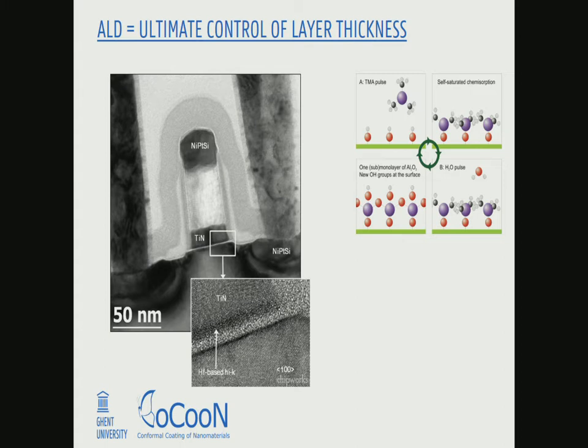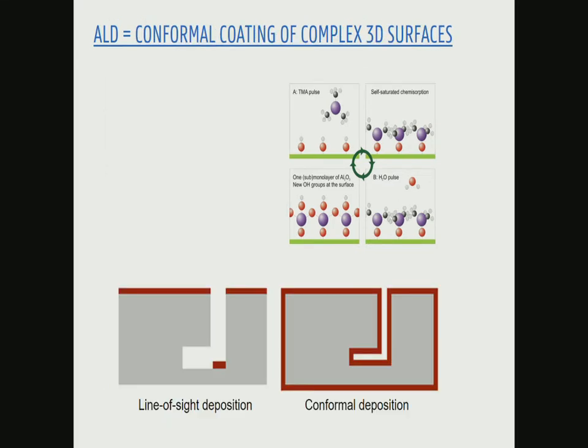The first main advantage is thickness control, which is really built into the core of the technique. Every time that you go through this cycle, you're sure that you have added a fractional monolayer usually. So it's really the technique, of all thin film deposition techniques, that offers the most stringent control of layer thickness down to the atomic level. And for some applications, we'll get back to that later, this is really crucial.